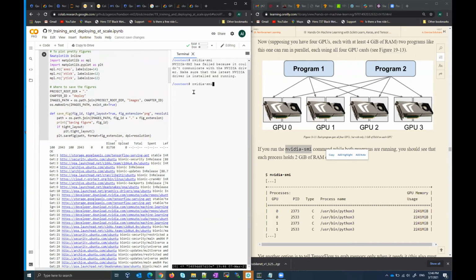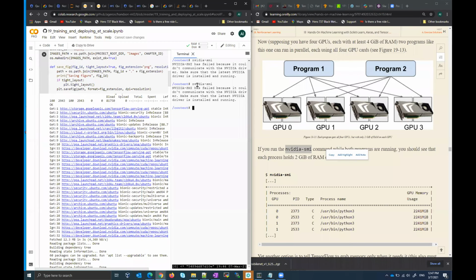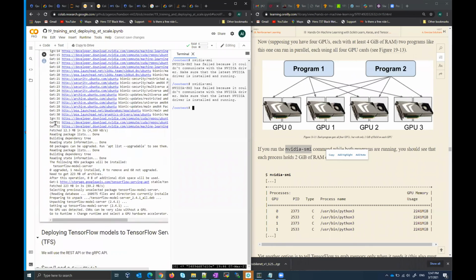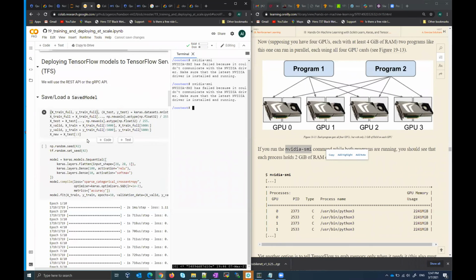No. Do I need to do something here before it works? Make this white.